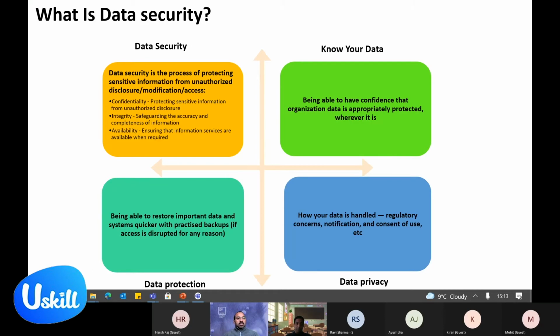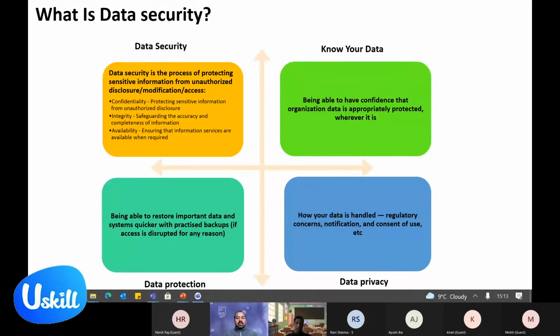Similarly, integrity is safeguarding the data from unauthorized changes. The data should remain intact. No change should happen during the whole life cycle of that data.